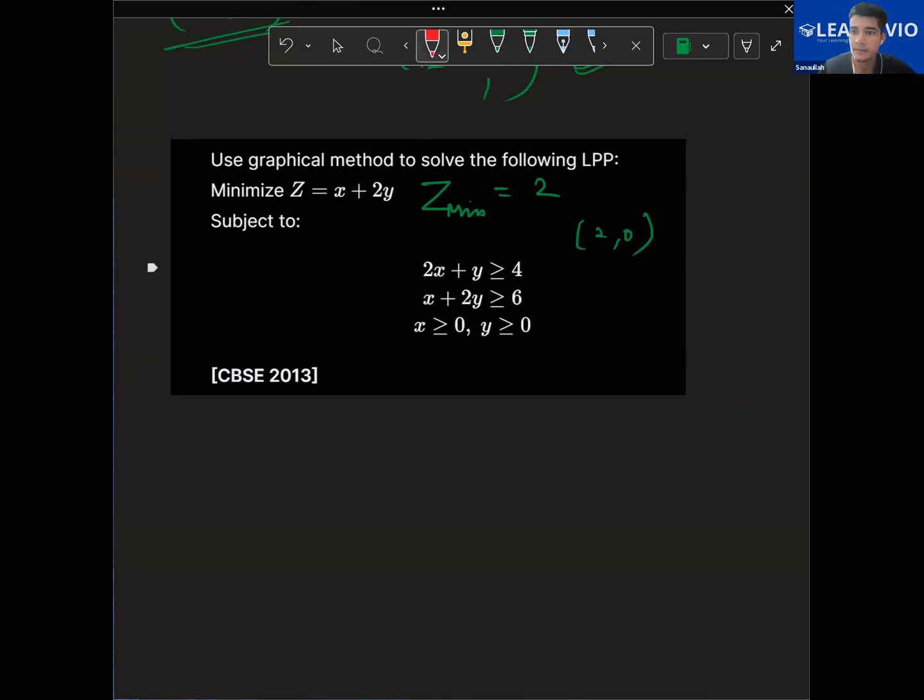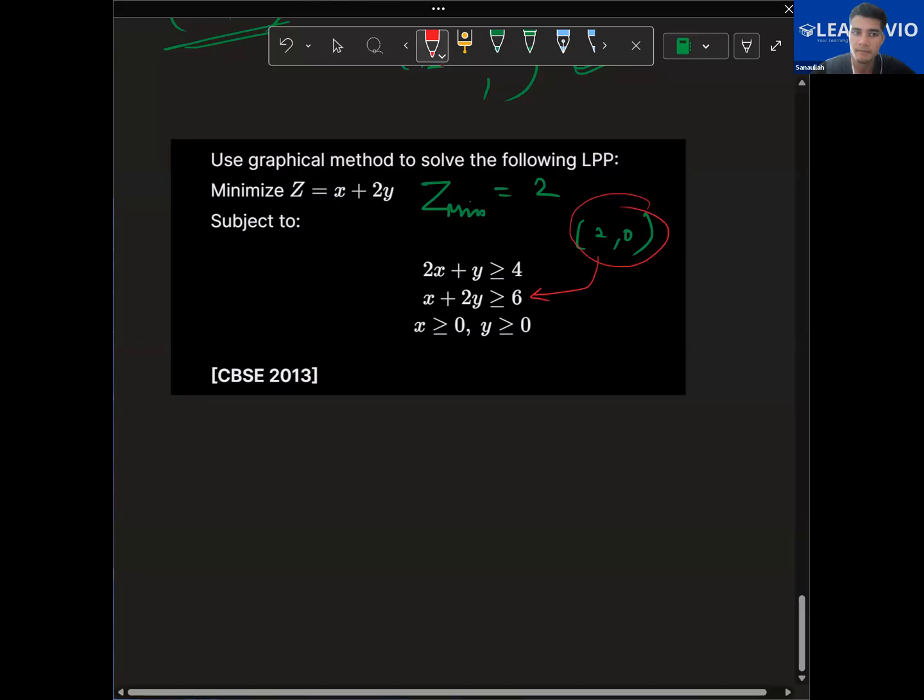अच्छा, ये पॉइंट चेक कीजिए आप इसके अंदर पुट करके. 2 is greater than or equal to 6. Right. So this is not satisfying.